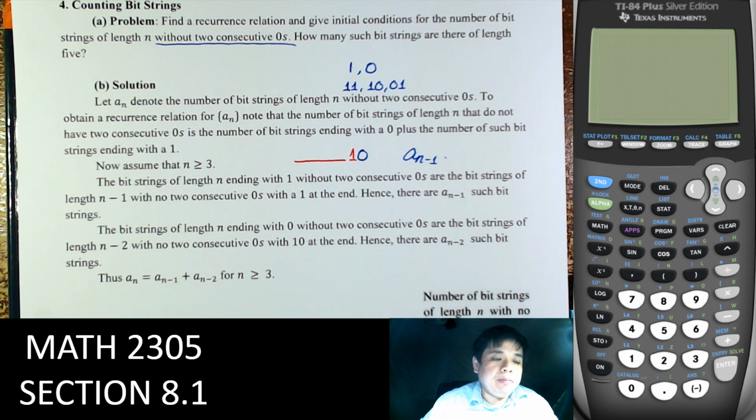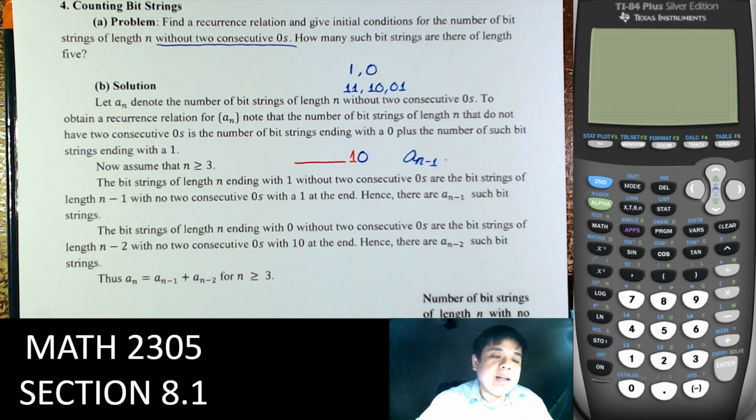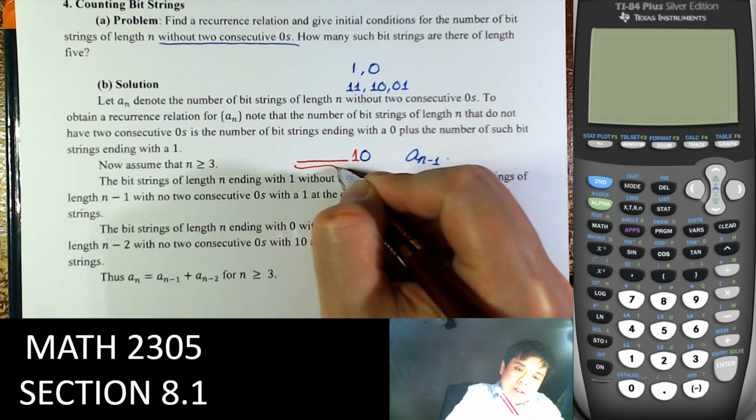Right. Now, the bit strings of length n ending with 0 without 2 consecutive 0s are bit strings of n minus 2 with no 2 consecutive 0s with the 1 0 at the end.